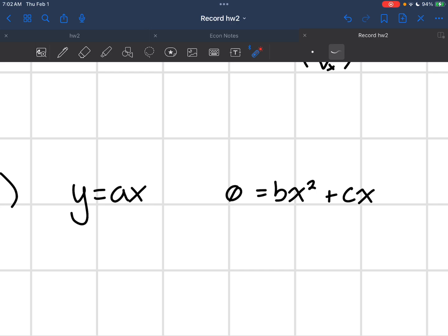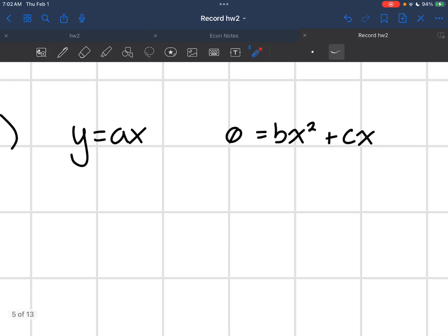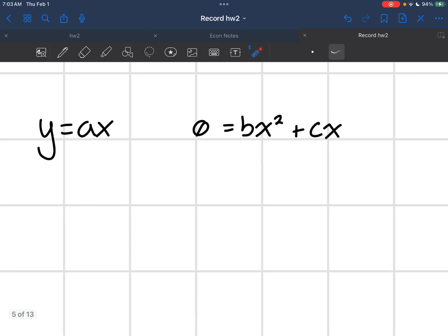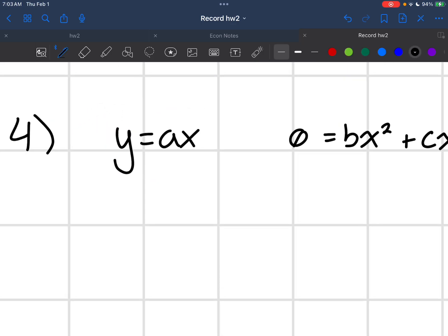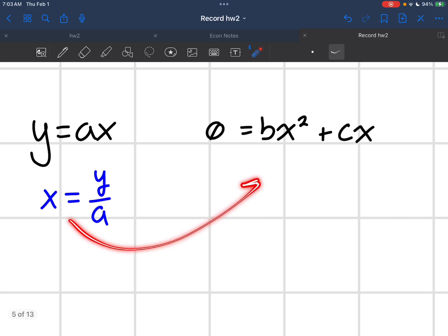Now, I will also say there are 4 ways that I can solve this. Right? I can solve this equation first. I can come over here and say that x equals y over a. I divide both sides by a, and then I get this. Then I can plug in over here. Then I'll be solving a quadratic.